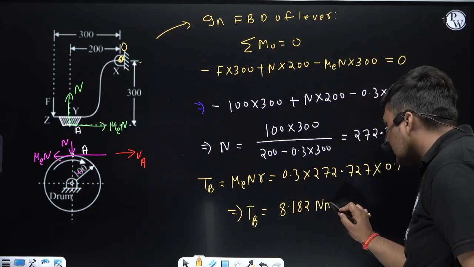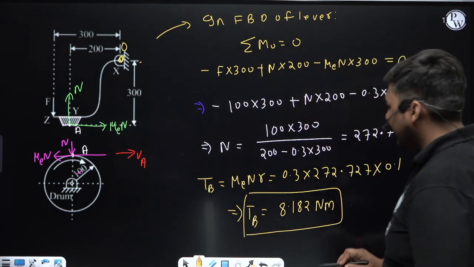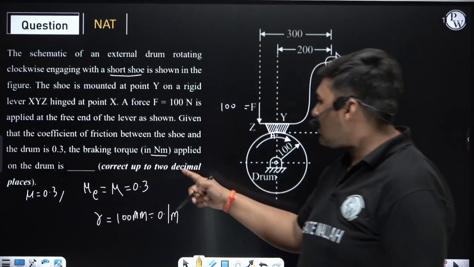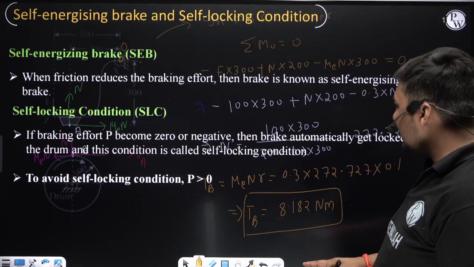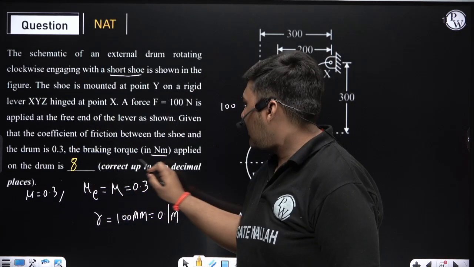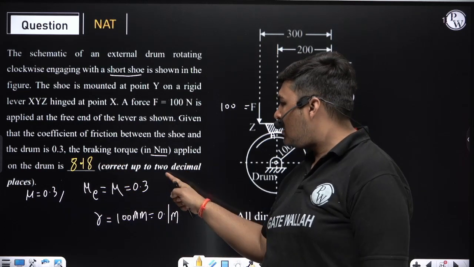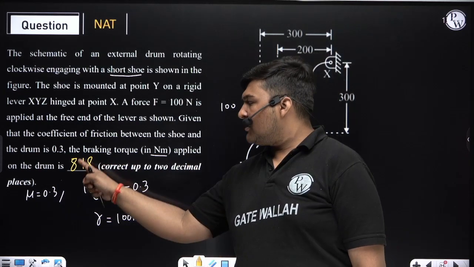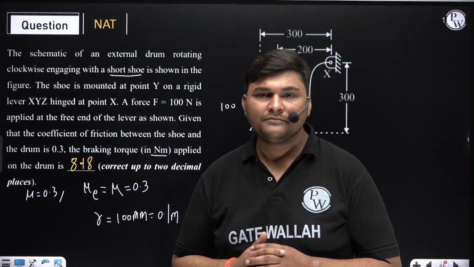So the examiner has asked about braking torque in Newton meter, and it is coming 8.182 Newton meter. Since the examiner has asked for the answer correct up to 2 decimal places, I have written the answer in 2 decimal places. Okay.